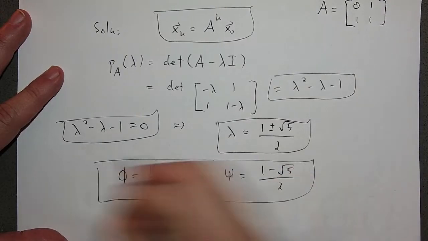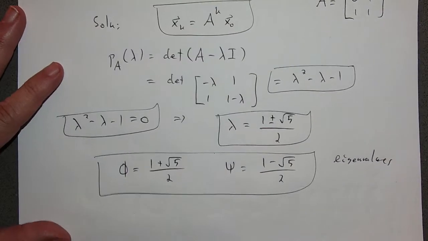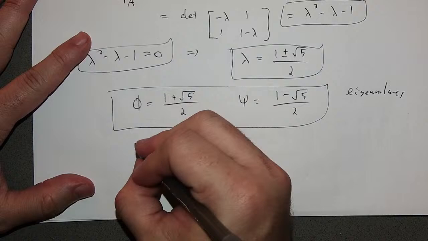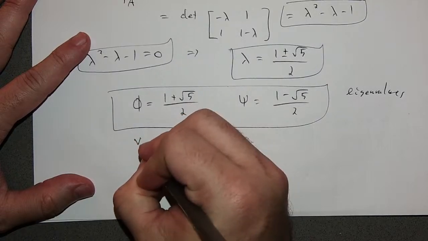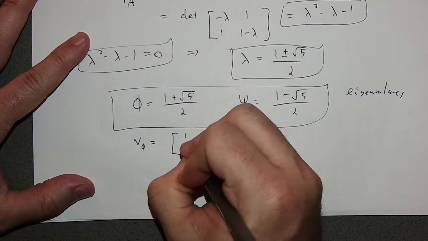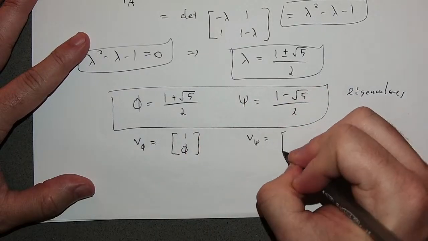These are my two eigenvalues. You already see what's happening here. Maybe you already recognize this is the golden ratio. The corresponding eigenvectors can be found in terms of both of these. The eigenvector v sub phi is (1, phi), and the eigenvector v sub c is (1, c).